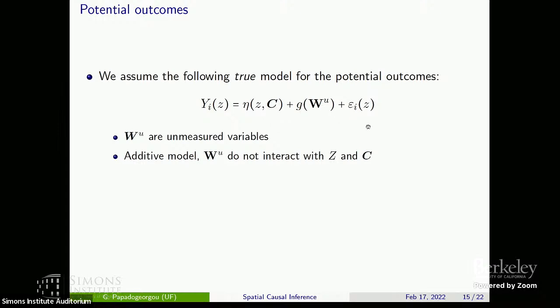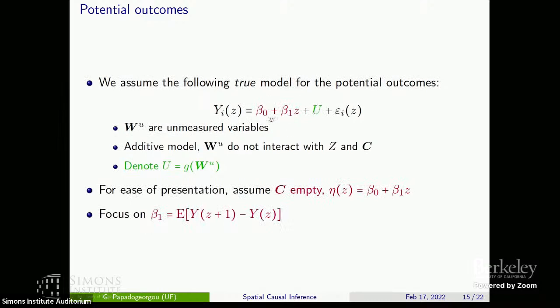In what follows, I'm renaming this G of W as U, and I'm thinking of this as the contribution of all of the unmeasured variables. I don't care about what they are explicitly. All I want is that I account for that full function U. Even though this isn't necessary, and we have extended this in the paper, today we'll be talking about the situation where there are no measured variables and the relationship between the exposure and the outcome is linear.